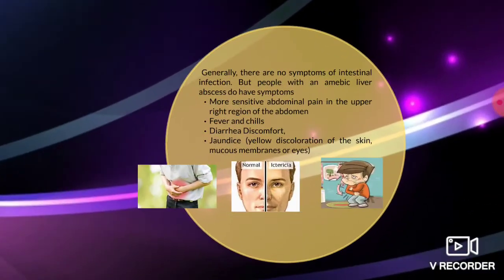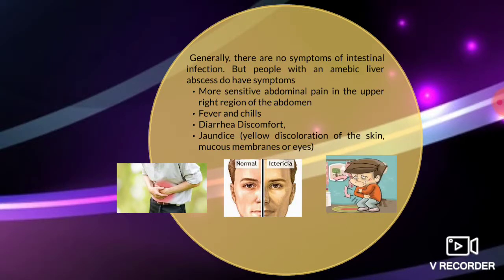Symptoms: in general there are no symptoms of intestinal infection, but people with an amoebic liver abscess do have symptoms: abdominal pain in the upper right region of the abdomen, fever and chills, diarrhea, discomfort, and jaundice, a yellow discoloration of the skin, mucous membranes or eyes.